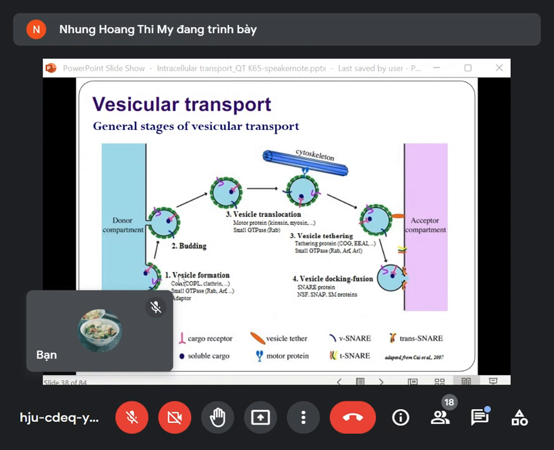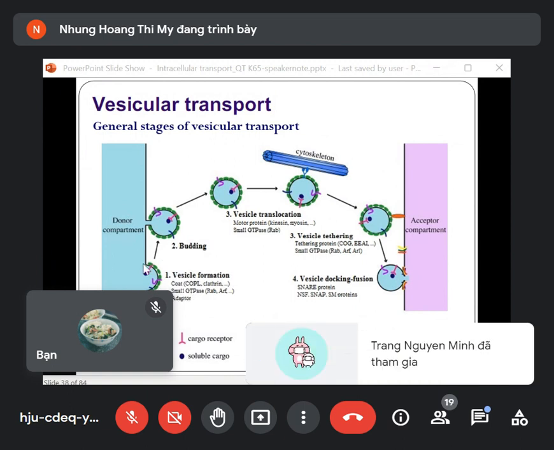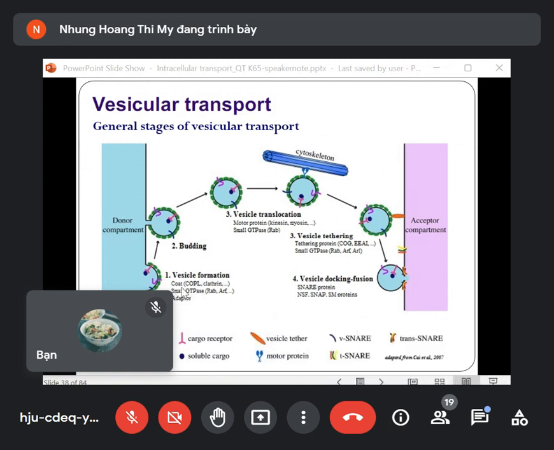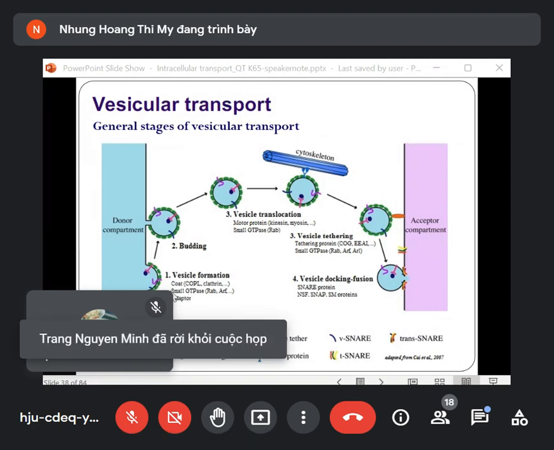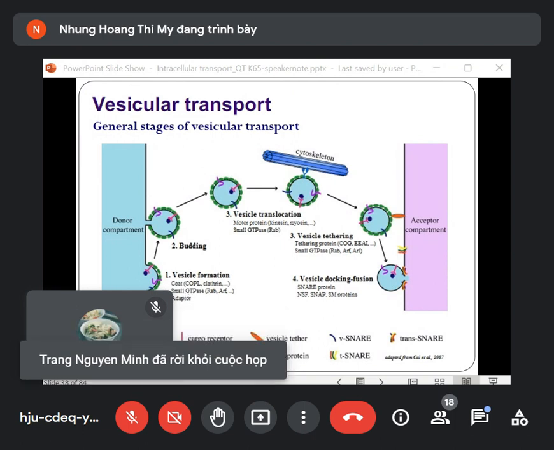To do this, the cell first needs to form a structure called the vesicle. So the first step is vesicle formation. This involves many types of proteins, like the coat proteins, and this action also needs energy from the hydrolysis of GTP molecules, and they also need adapter proteins to make the interface for the coat protein to bind to the membrane at this site.